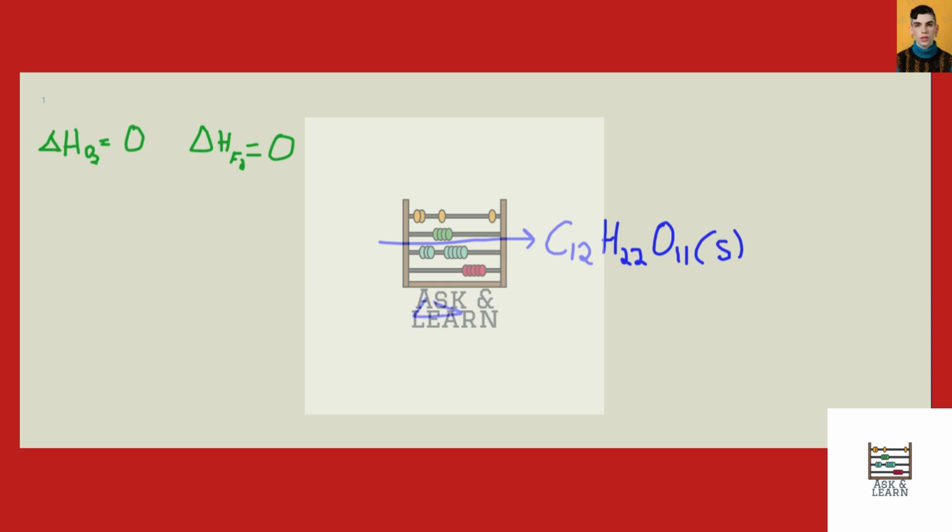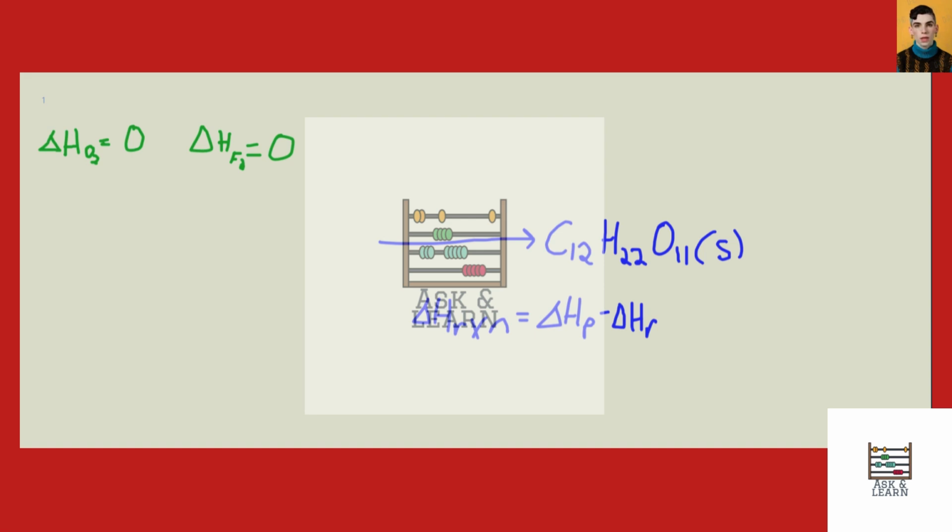Because remember Hess's law: delta H reaction equals delta H products minus delta H reactants. So the delta H of the product is going to be the delta H of formation of our sucrose here.